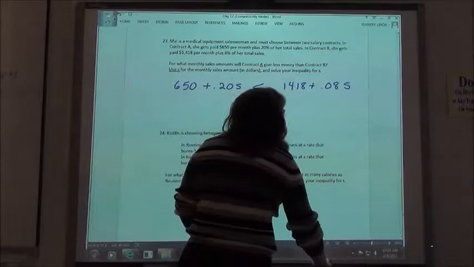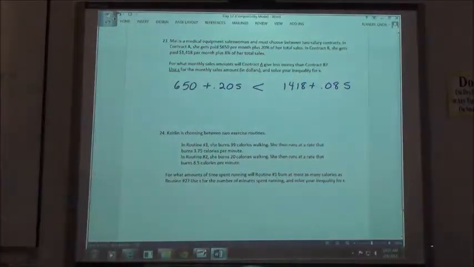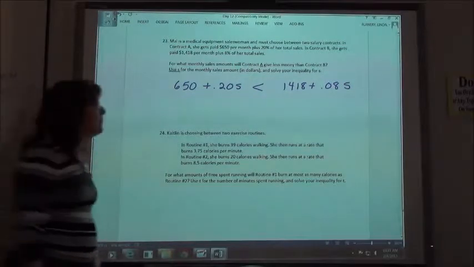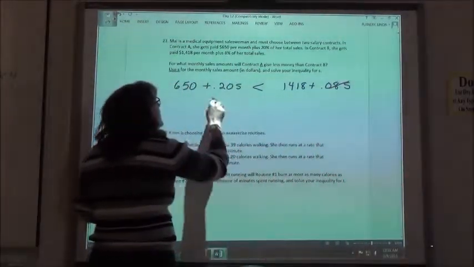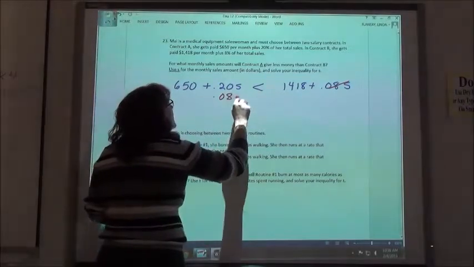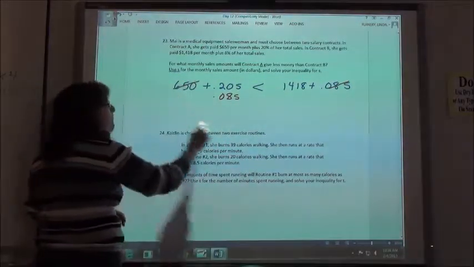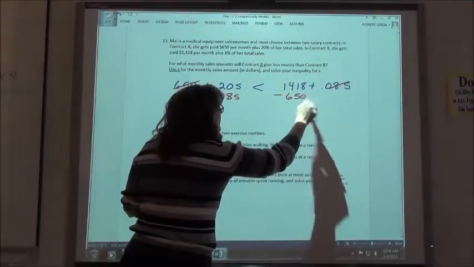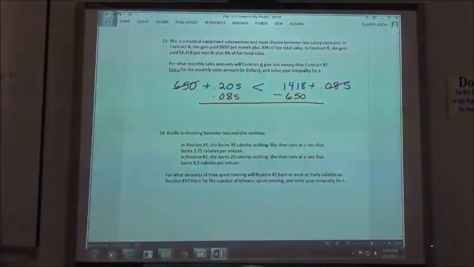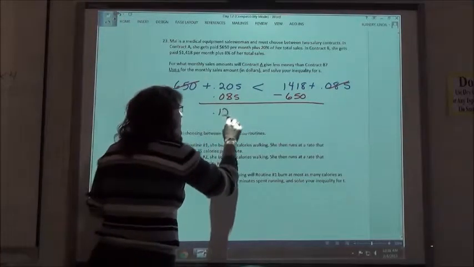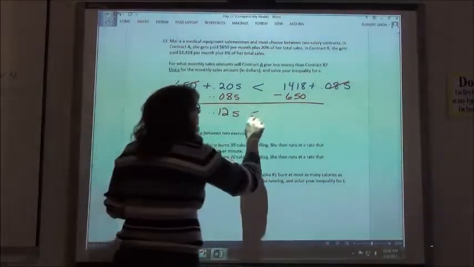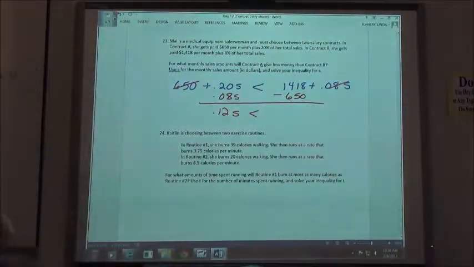So if I'm going to solve this one for S, what should I do? Subtract my 8% S, and subtract my 650 then to move that to the other side, right? So 20% minus 8% would be 12% of my sales is less than 1418 minus 650.